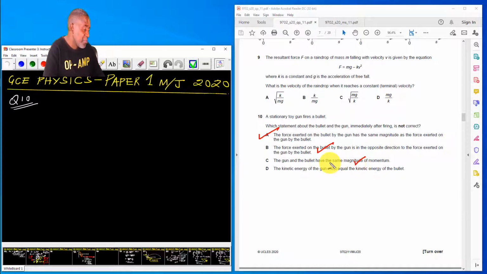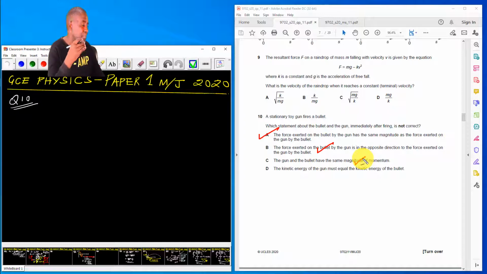The gain of momentum of the bullet and the gain of momentum of the gun are equal but in the opposite direction, because the rate of change of momentum of the gun is equal to the force exerted by the bullet on the gun, and the rate of change of momentum of the bullet is equal to the force exerted by the gun on the bullet.